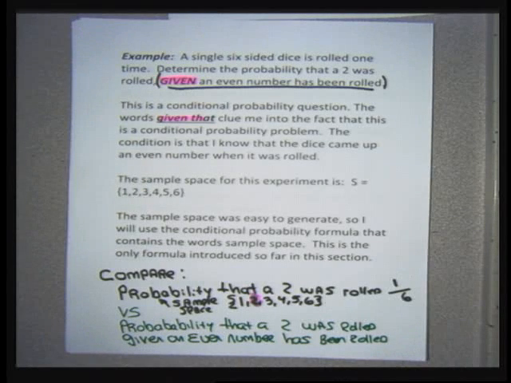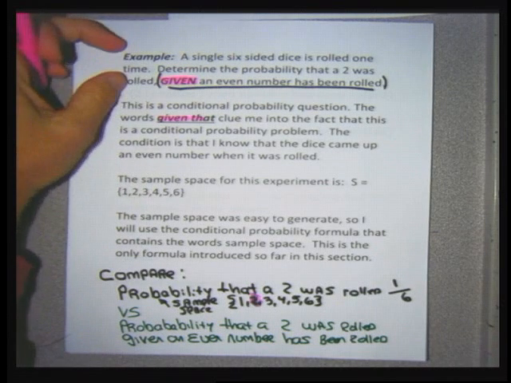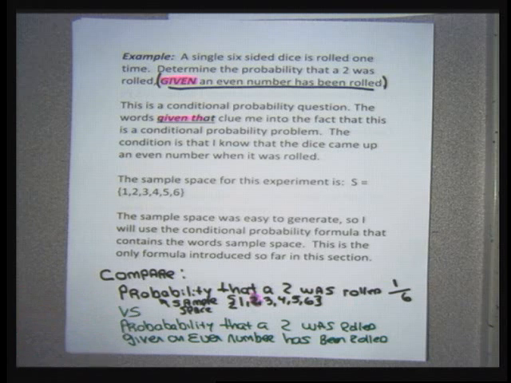That's not the case for the problem that's in our example, which I've rewritten down here. To do the problem that's been written in our example properly, I need to take into account the additional information, and how I take into account the additional information is I create a reduced sample space.